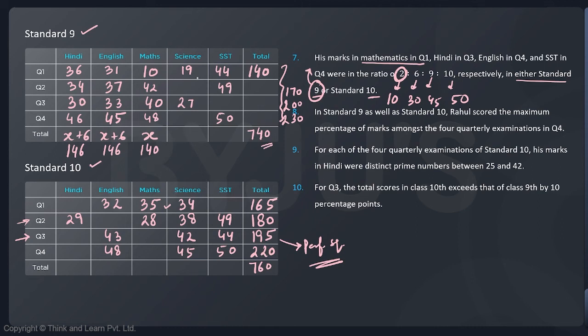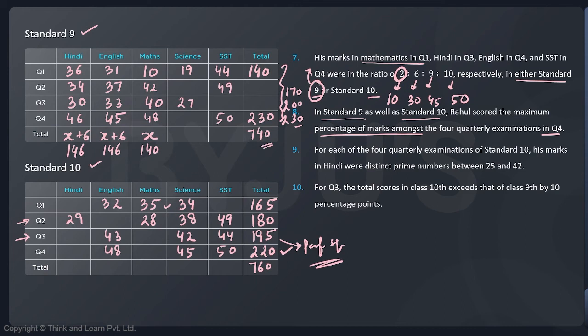So we have got a lot of information till now. Let's move ahead to statement number 8. In standard 9 as well as standard 10, Rahul scored the maximum percentage of marks in quarter 4. That means this total has to be 230. This is the maximum, and this we already know is maximum.